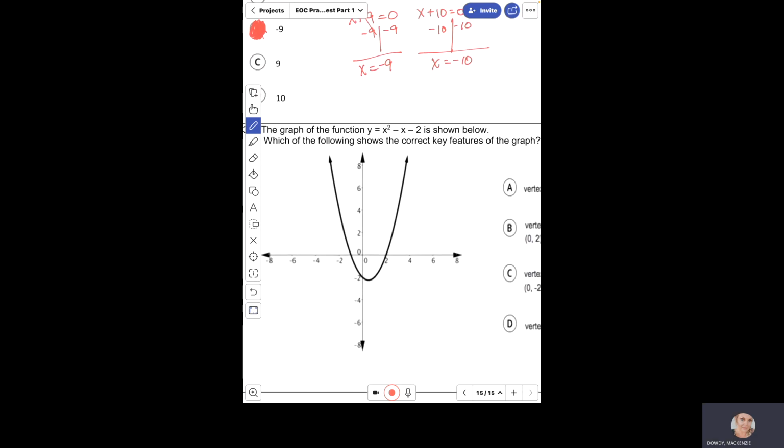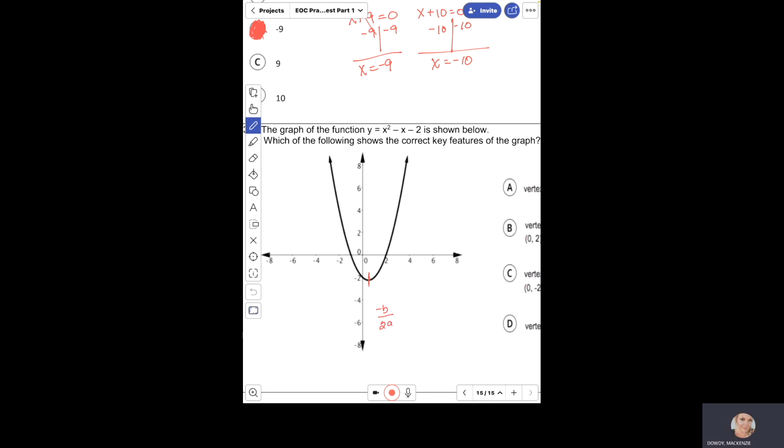Okay, so our axis of symmetry, or I should say our vertex, is right here. They don't have exact numbers, okay? So you could also do the equation that we learned earlier in the packet, which to find the vertex, the x coordinate of the vertex is -b divided by 2a.